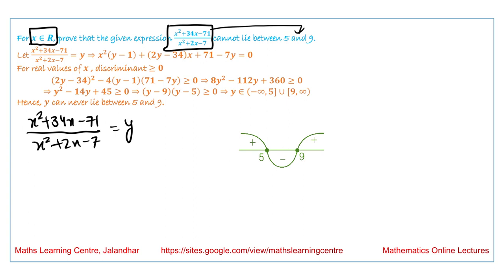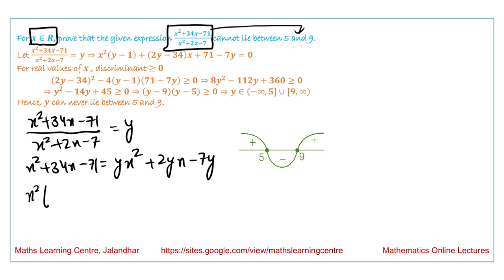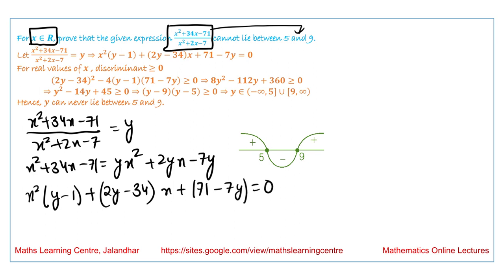If we cross multiply, we obtain x square plus 34x minus 71 equals yx square plus 2yx minus 7y. By adjusting these terms, we obtain x square into (y minus 1) plus (2y minus 34) into x plus (71 minus 7y) is equal to 0.